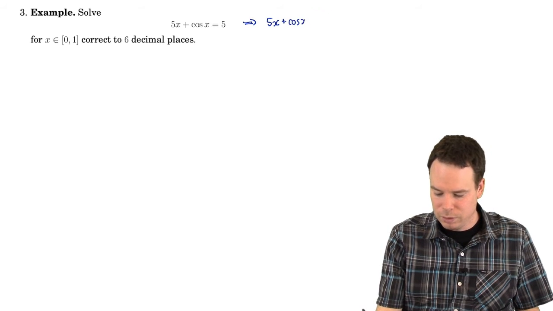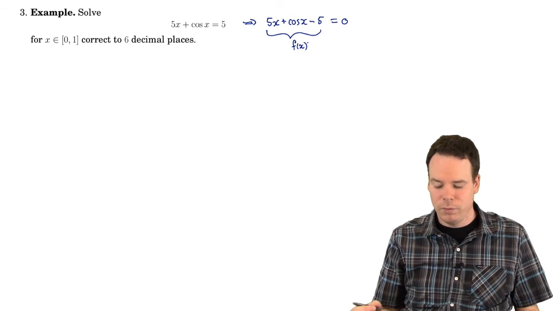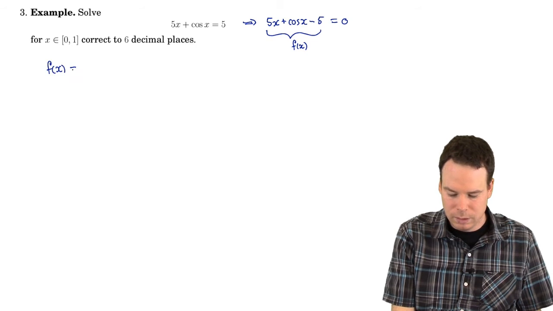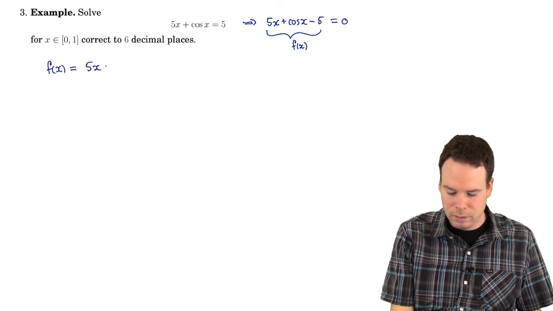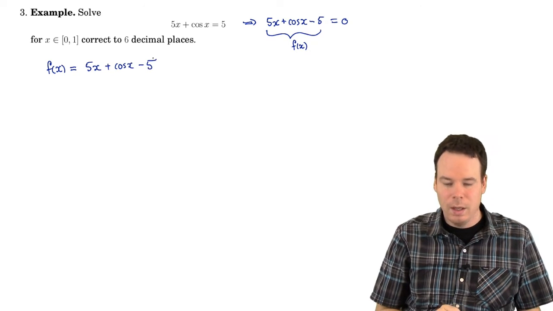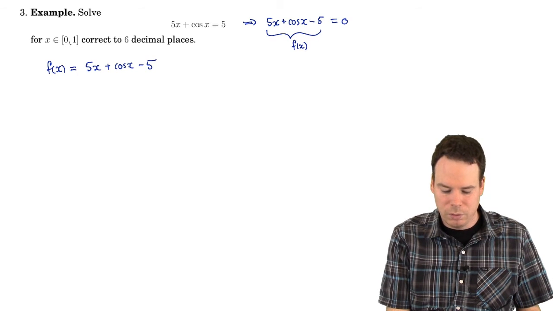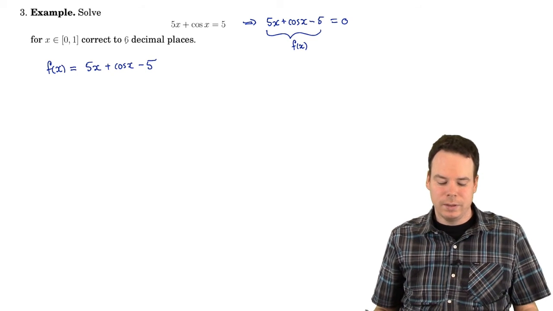So 5x plus cos x minus 5 equals 0. And then we'll call this thing our function, because now we've converted it to a question about finding a root of this function. So we're going to let f of x be 5x plus cos x minus 5, and we want to find a root of it in the interval 0 to 1 to 6 decimal places.